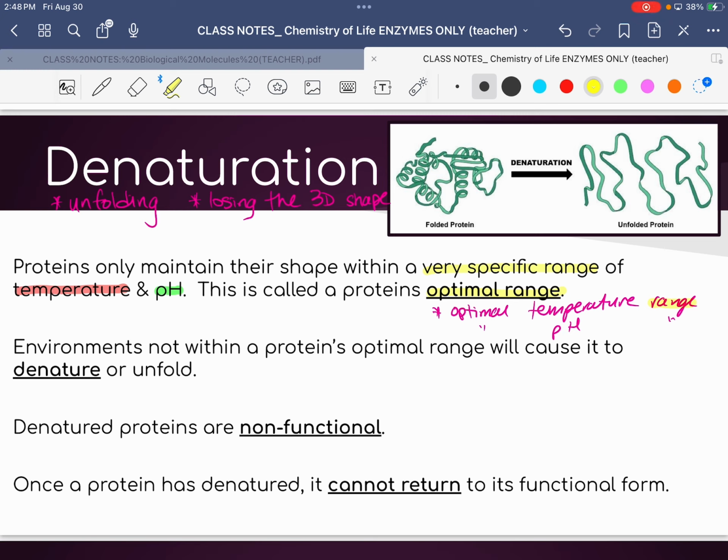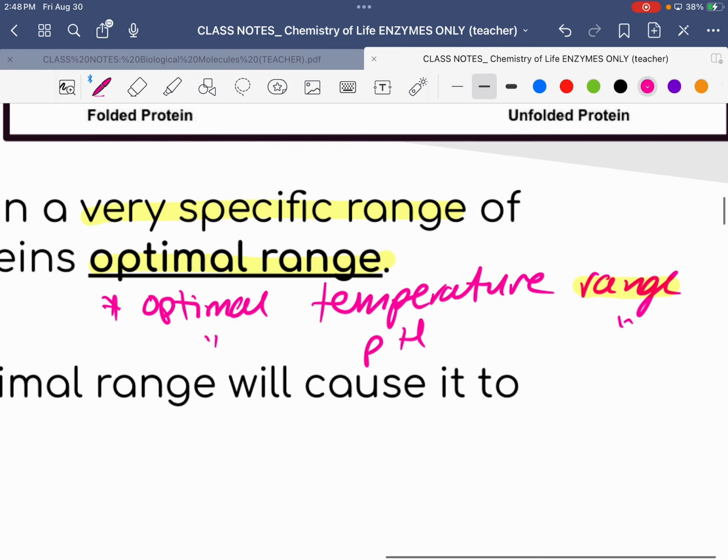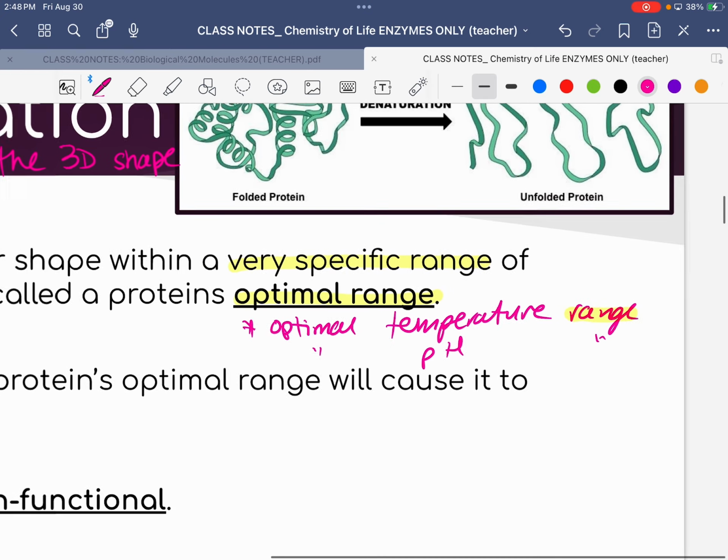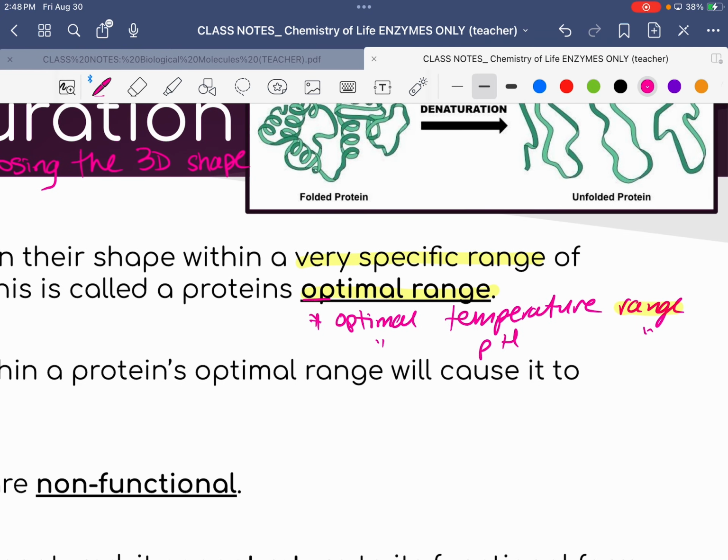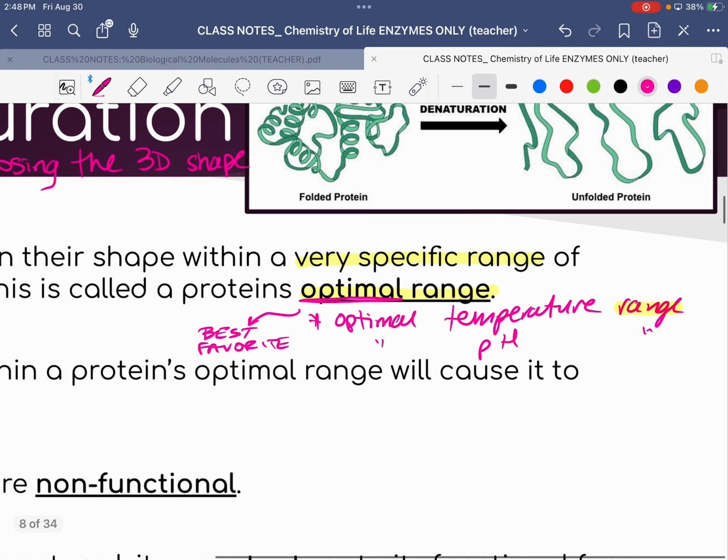What does that mean? It's kind of like a space of values. And just to go back to this here, optimal. What does optimal mean? Optimal means the best, or the favorite. So, for example, human temperature.